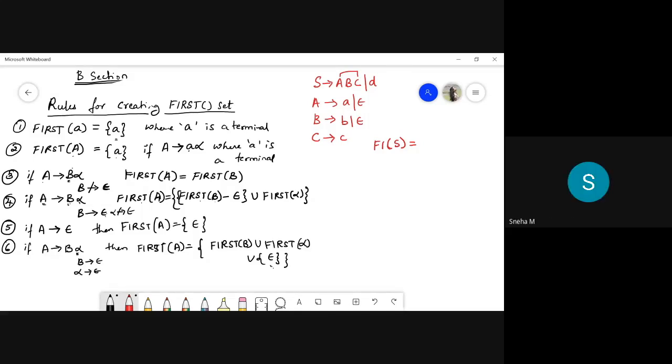Okay, so what is the first set of S? What is the leftmost symbol here?